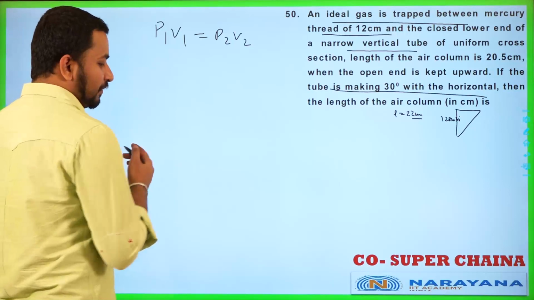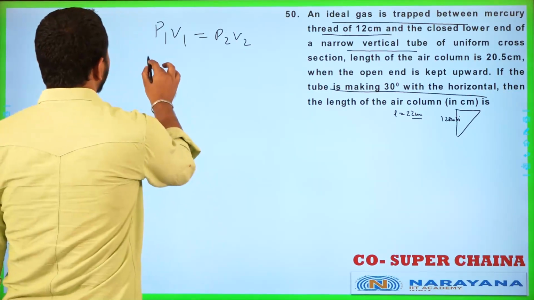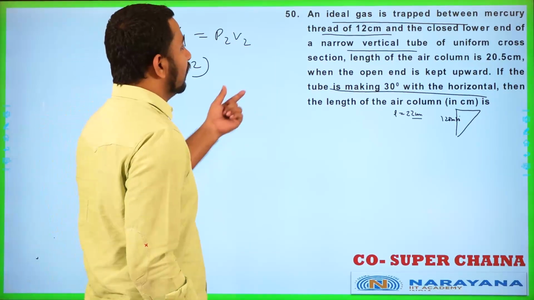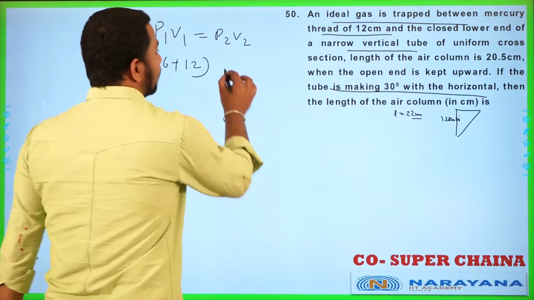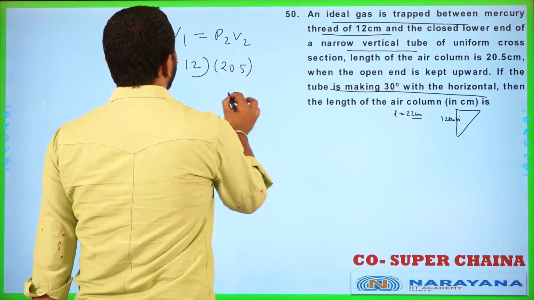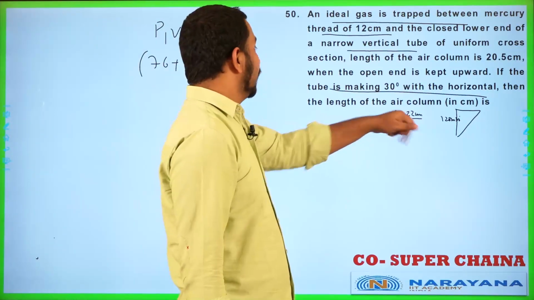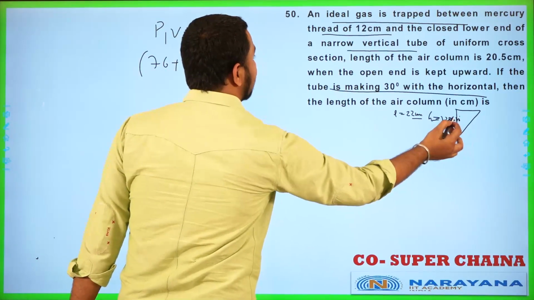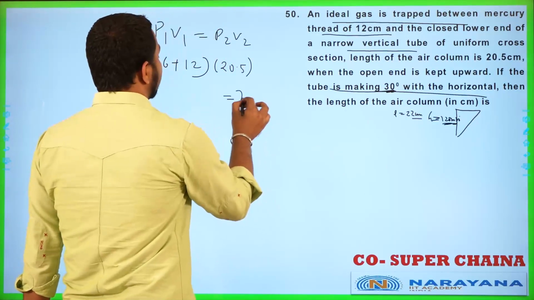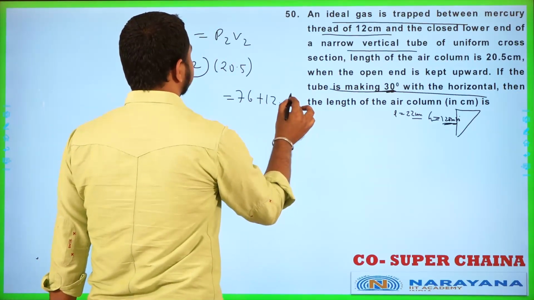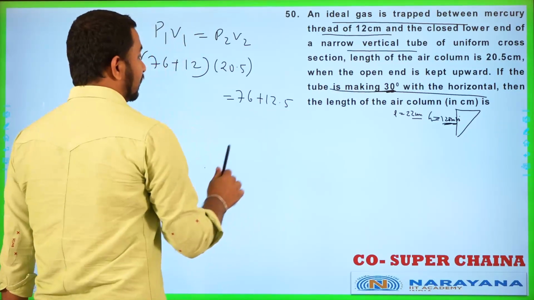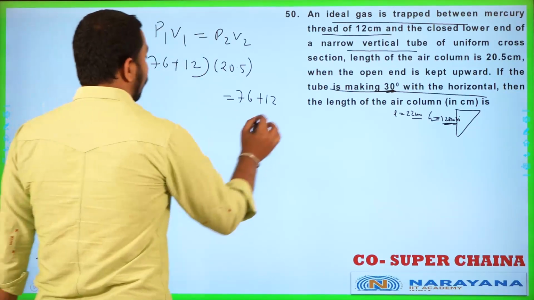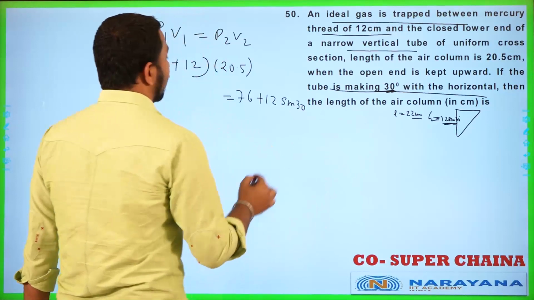So if we write the P1 V1 expression, we can write it as 76 plus 12, since initially the thread is 12 centimeters, and V1 is the air column it is making, 20.5. This is equated with the second case, where the height will be 12 sine 30, because the tube is making a 30 degree angle. So 76 plus 12 sine 30, and sine 30 is half, right?